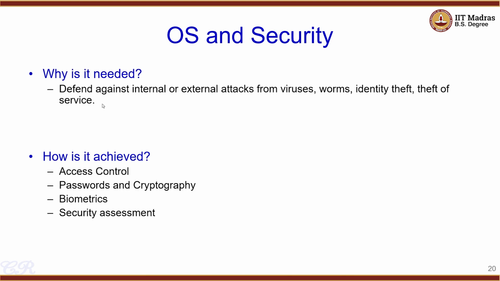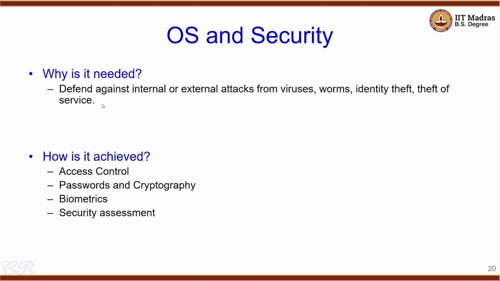So, with the increasing amount of cyber attacks going on these days, due to the increasing number of systems that are connected to the internet, it is critical for the operating system to not just isolate itself and isolate processes, but also ensure that your applications are protected against external cyber attacks.